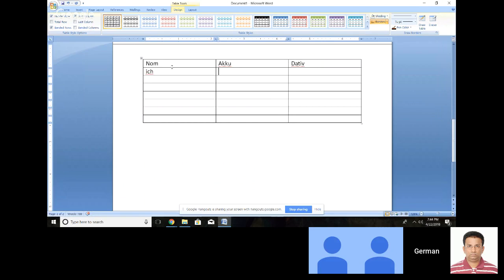Ich becomes mich in accusative, which means myself. Like we had in the example, I buy myself a house, but because kaufen takes dative, we had ich kaufe mir ein Haus. Mir also means the same thing, myself.